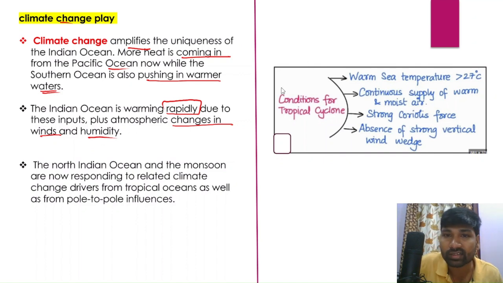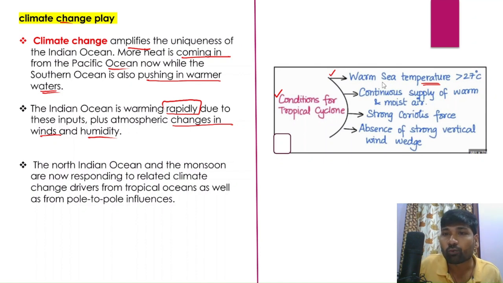And remember, there are certain conditions which favor the formation of tropical cyclones, and one such condition is warm sea surface temperatures. Both the Pacific Ocean and the Southern Ocean have been pumping more and more warm waters into the Indian Ocean, and warmer sea surface temperatures provide an ideal condition for the origin of cyclones.